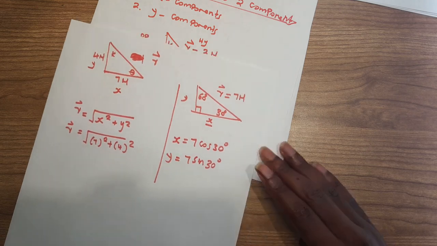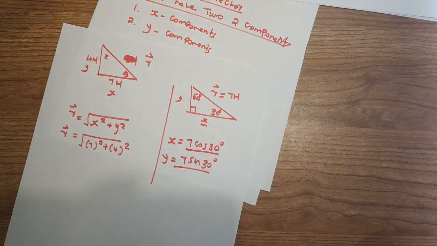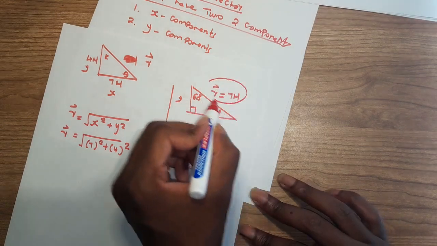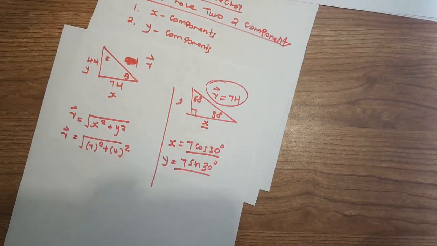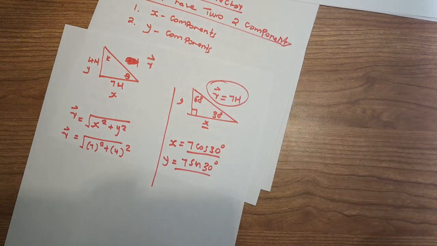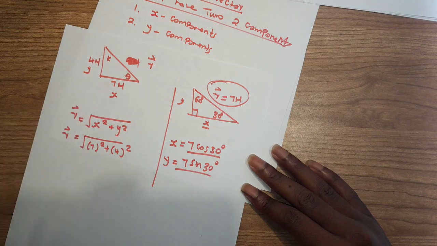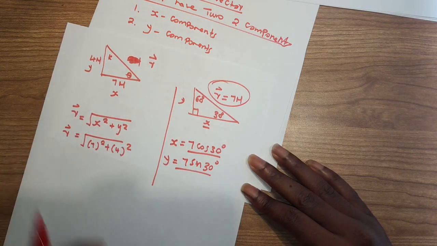So let's say you are given the x and y components. Let's pretend we don't know the resultant, and they tell you to find the resultant. We pretend that we don't know the resultant is 7, but how do we find it? We were given the x and y components, and we just squared and added them and used the theorem of Pythagoras.